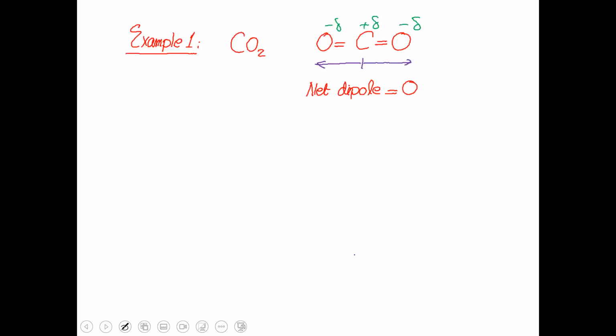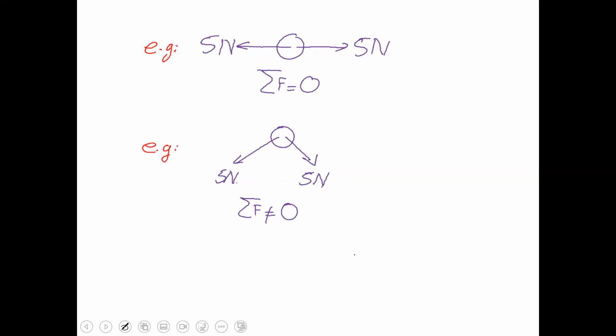Now, example one, the polarity, because I think you take physics also, so you can understand this concept. Polarity is like a force. If the forces are in a straight line, the resultant force would be zero. Can you tell me in the second diagram, why the resultant force is not zero?